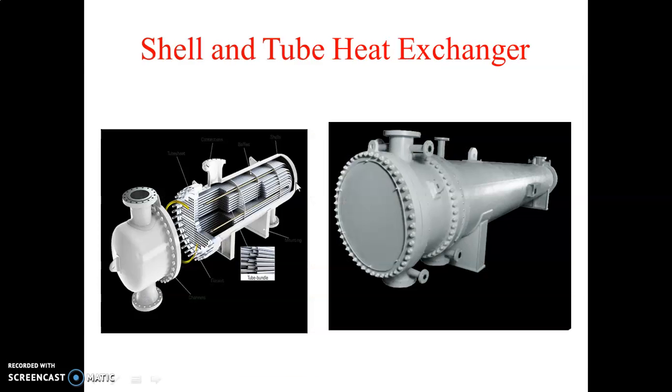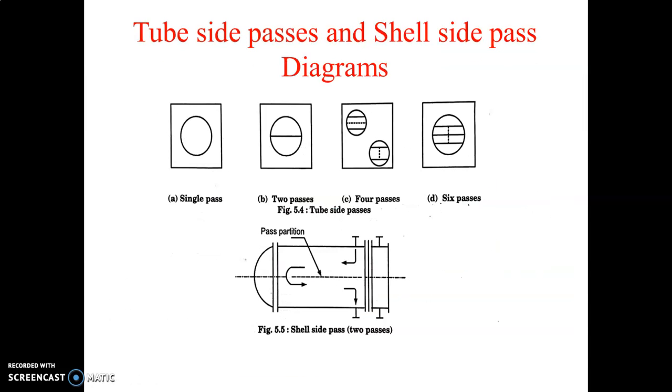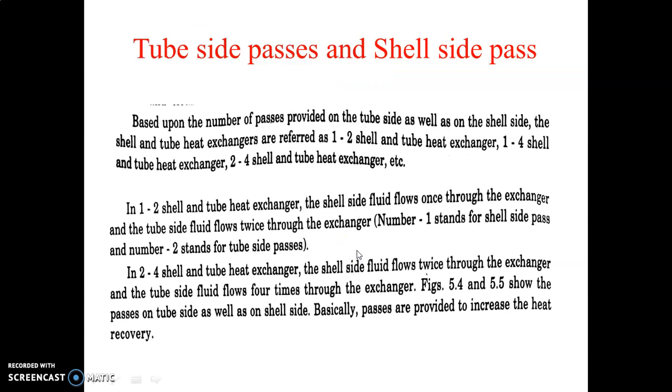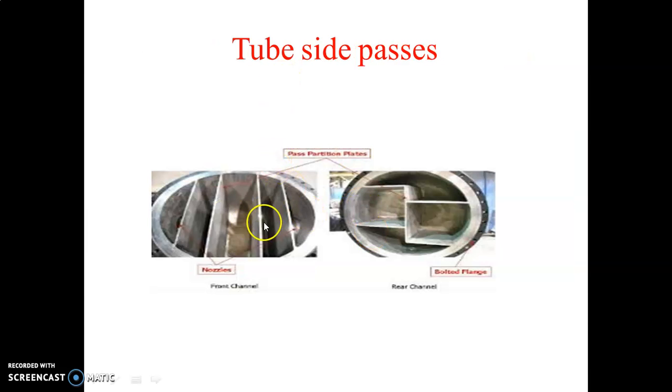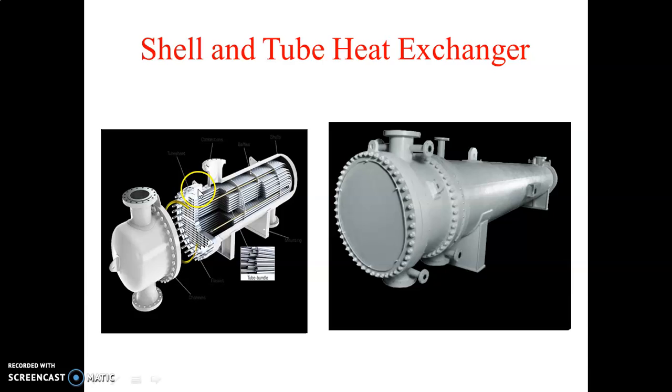So if you want to admit the shell side fluid here, you have to add the clean and least corrosive fluid in that shell side. That means from this side. Okay. So here you have to add that.